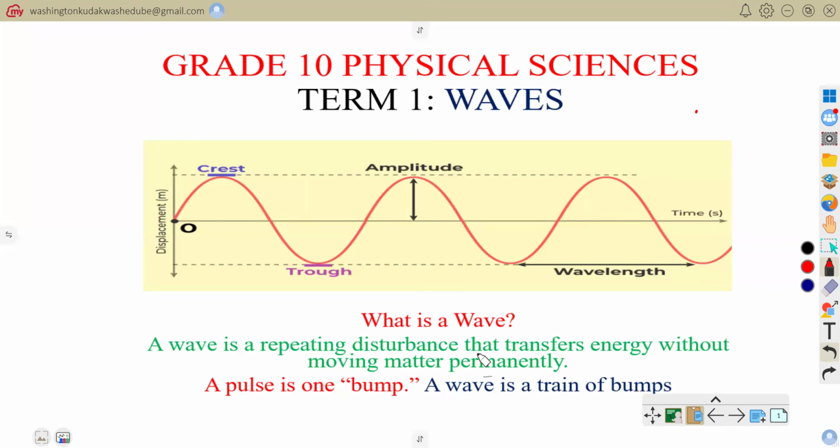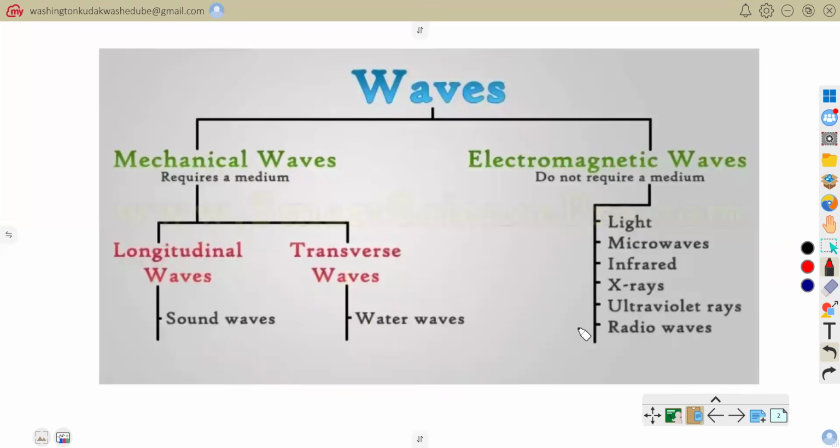You would note that a wave is a train of pulses. In summary, a pulse is one bump, whilst a wave becomes a train of bumps.